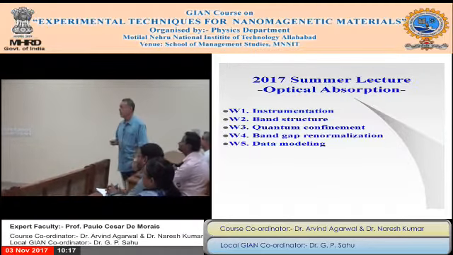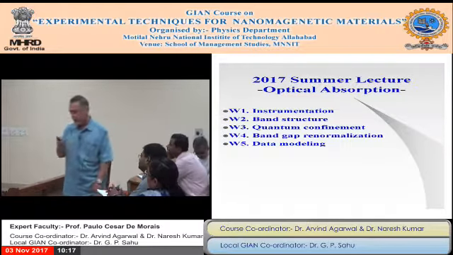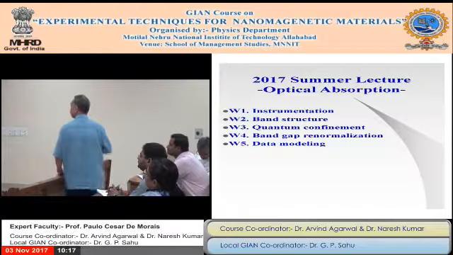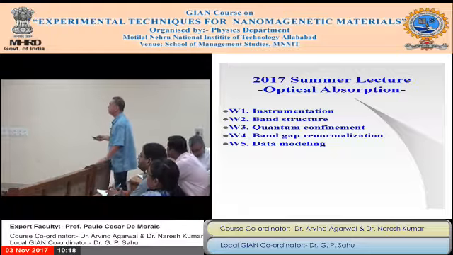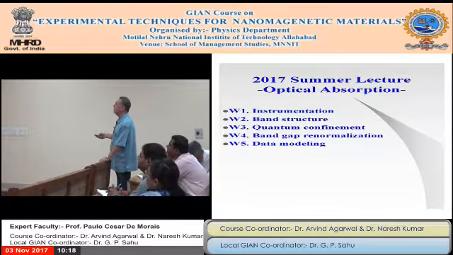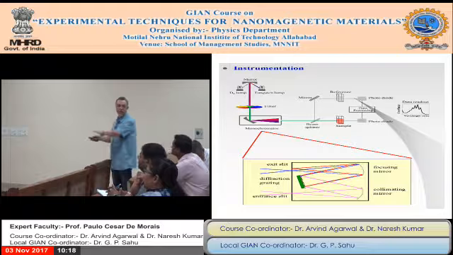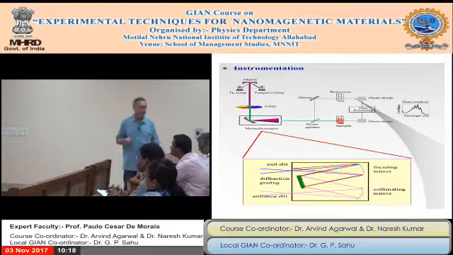Okay, so again, this is a typical experimental setup of an optical spectrometer. As you can see here, you have your light source, then it comes to a monochromator, which allows you to scan over wavelength.